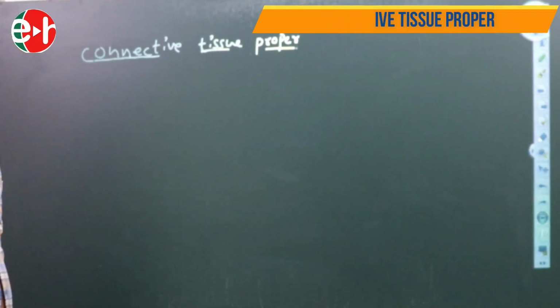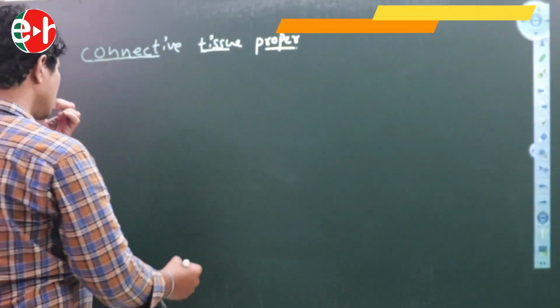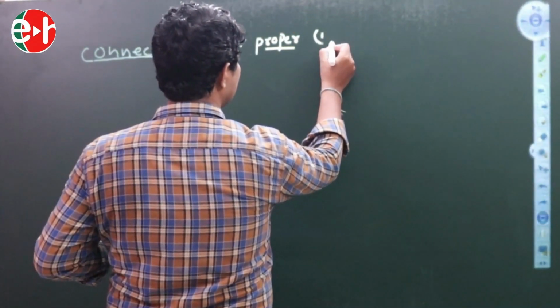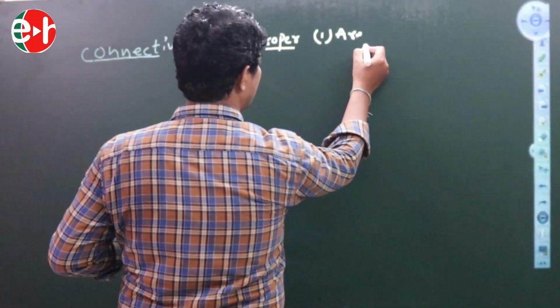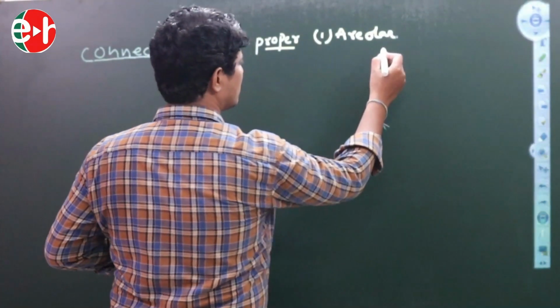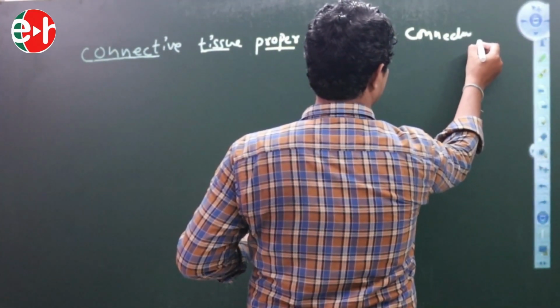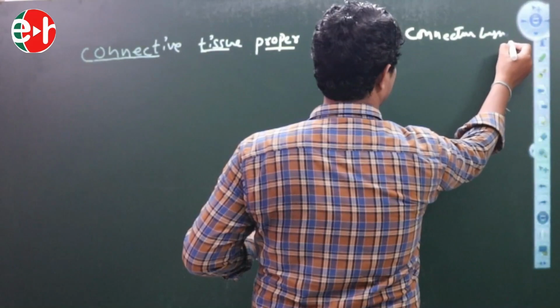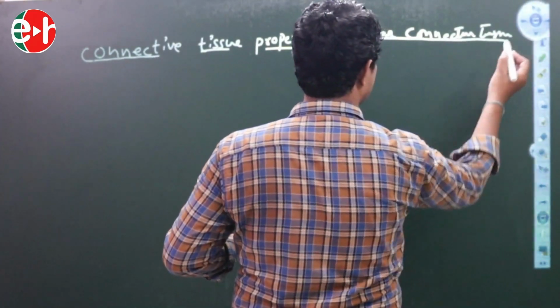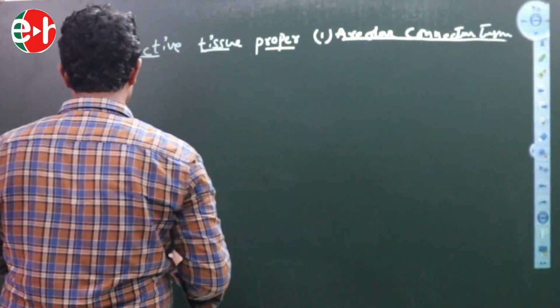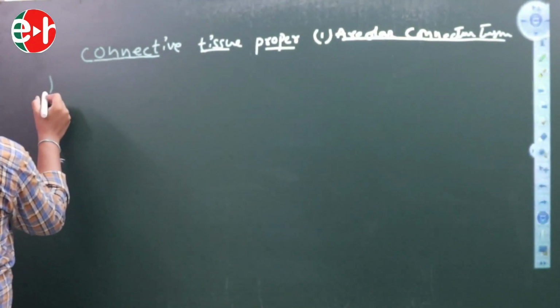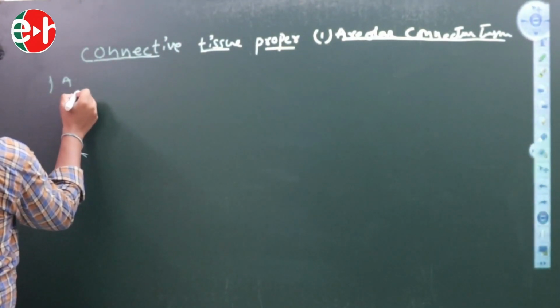It is divided into three types. First one is areolar connective tissue.